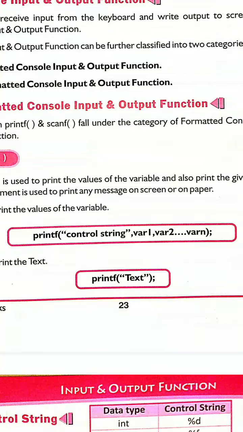Whatever value you give to the variable will be stored in the memory location of the variable, not in the variable itself. That's why they have given the ampersand symbol before the variable.